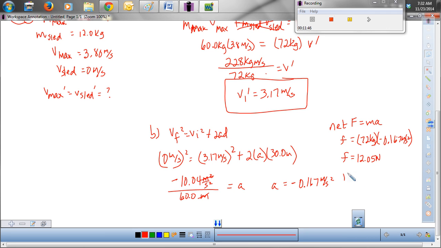Now the force normal is just going to be the weight of Max in the sled, so 72 kilograms times 9.8. So 72 times 9.8 gives me 705.6.